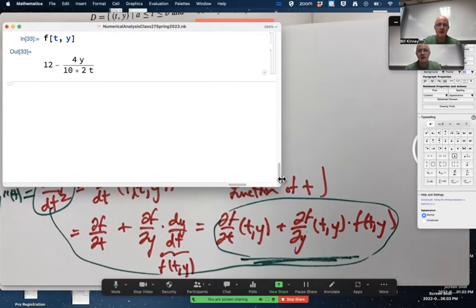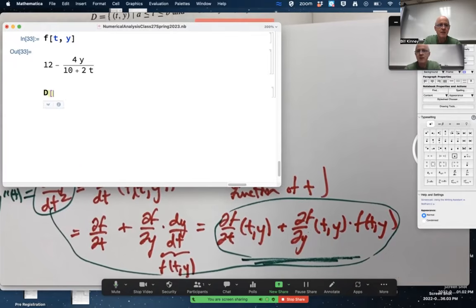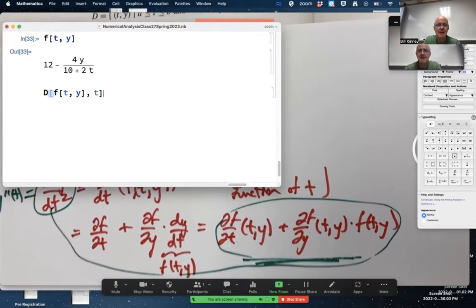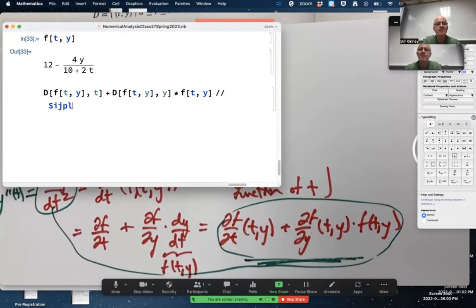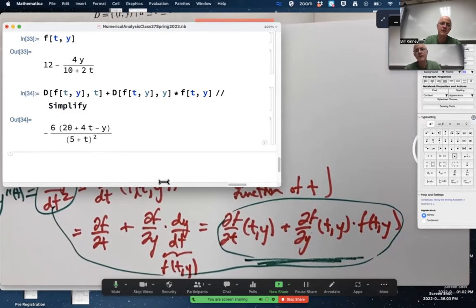Let's have Mathematica compute it. Find the derivative first of f of (t, y) with respect to t, plus the derivative of f of (t, y) with respect to y times f of (t, y), and simplify. That function of two variables, we would then want to bound its absolute value over the rectangle.